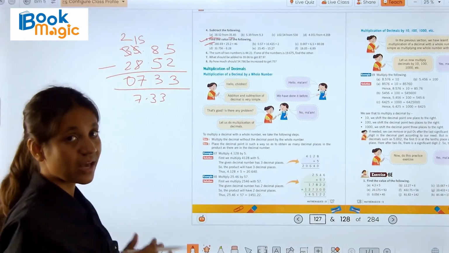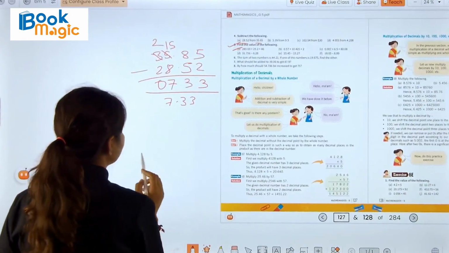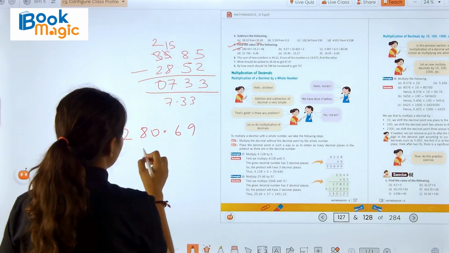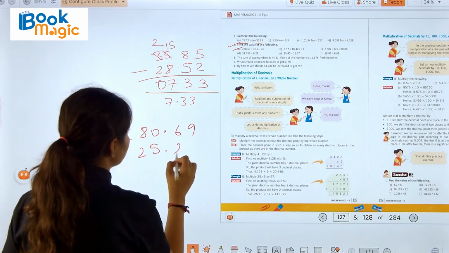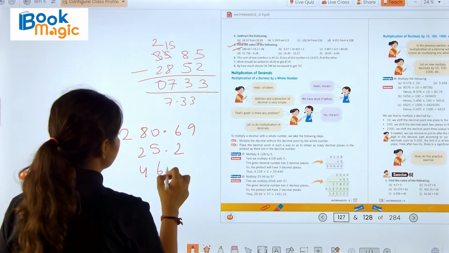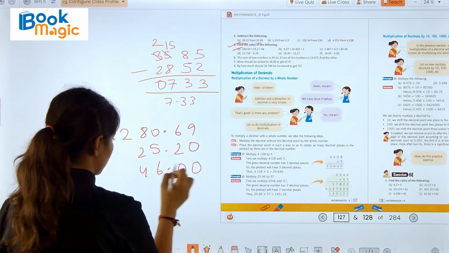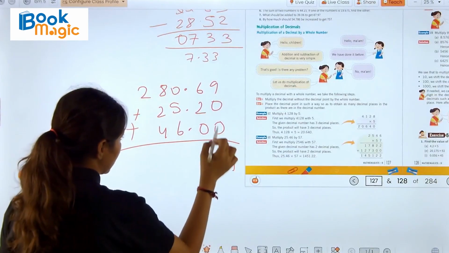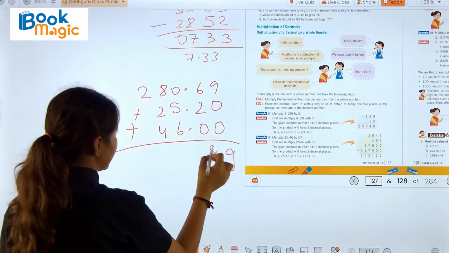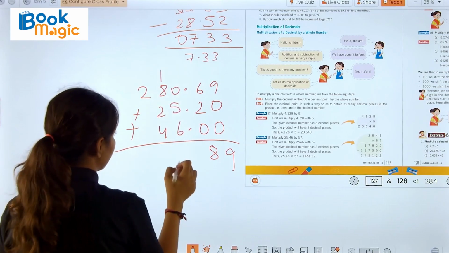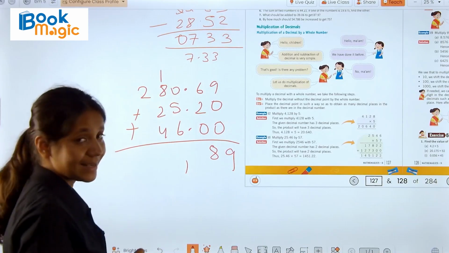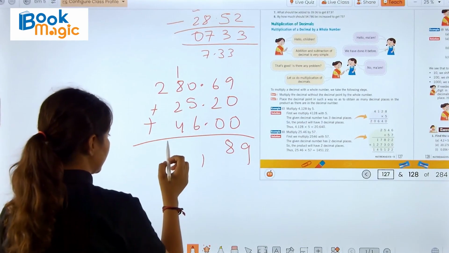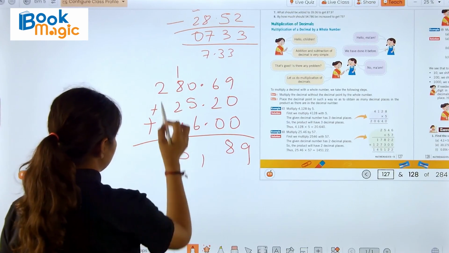But firstly, we have to make a column by ourselves. 280.69, then 525.2, then we have 46.000. After that we have here addition 9, then 6 plus 2 is 8, now 5 plus 6 is 11, now 4 plus 2 is 6. 6 and 8, that is 14, plus 1 is 15.